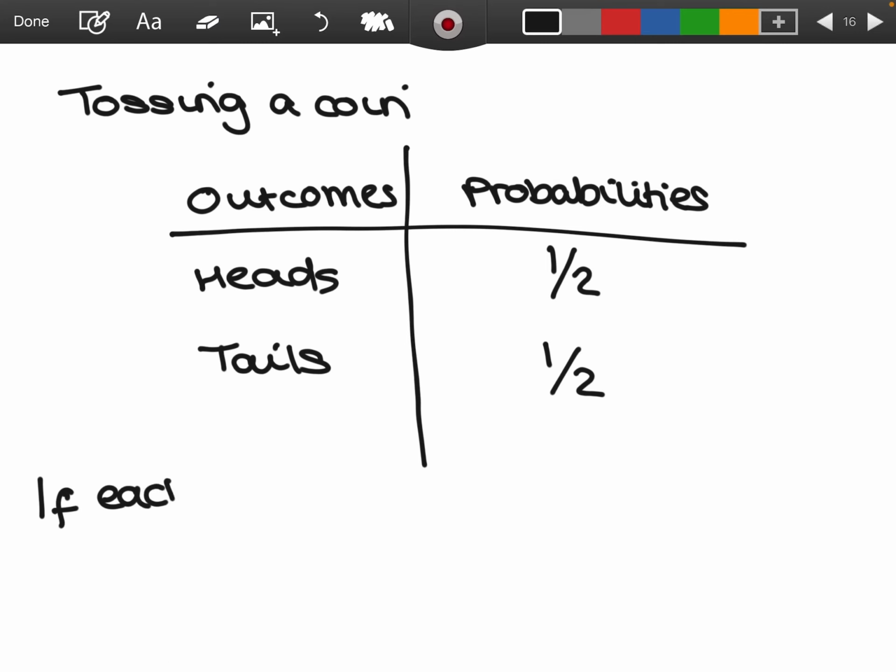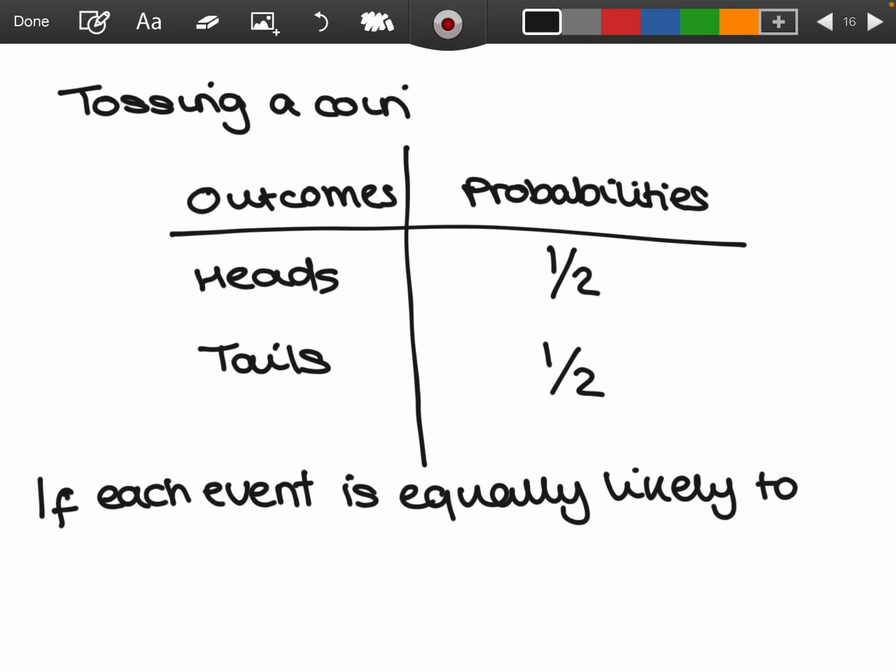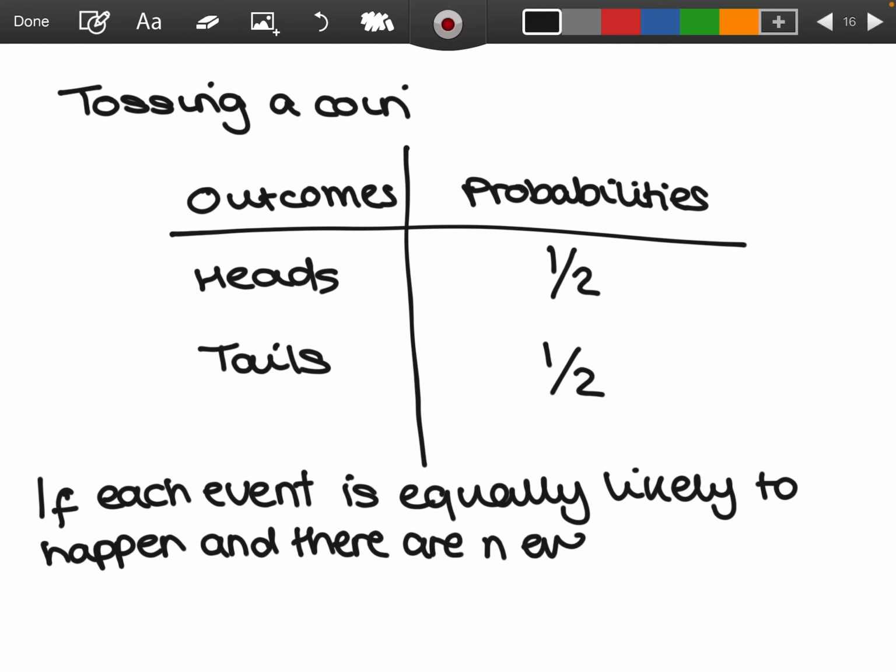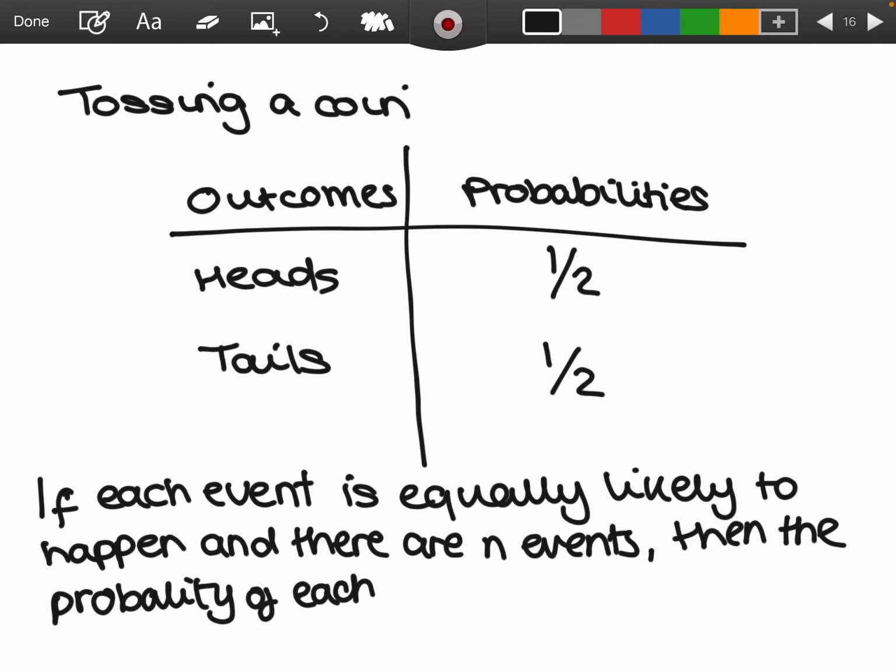So if each event is equally likely to happen, and there are n events, or in this case outcomes, okay, each event only has one particular outcome in it, but if there are n events or n outcomes, then the probability of each occurring is 1 over n.